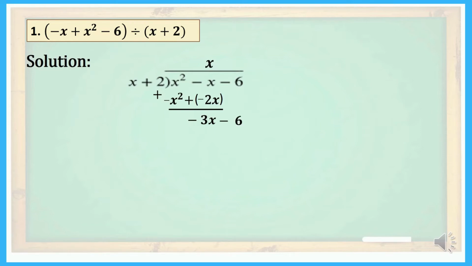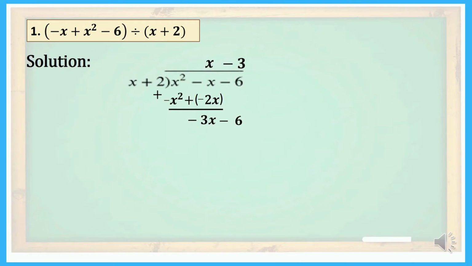So the same process again. First term, negative 3x divided by x. First term divided by first term. So negative 3x divided by x is negative 3. Then negative 3 times x plus 2, or your divisor.